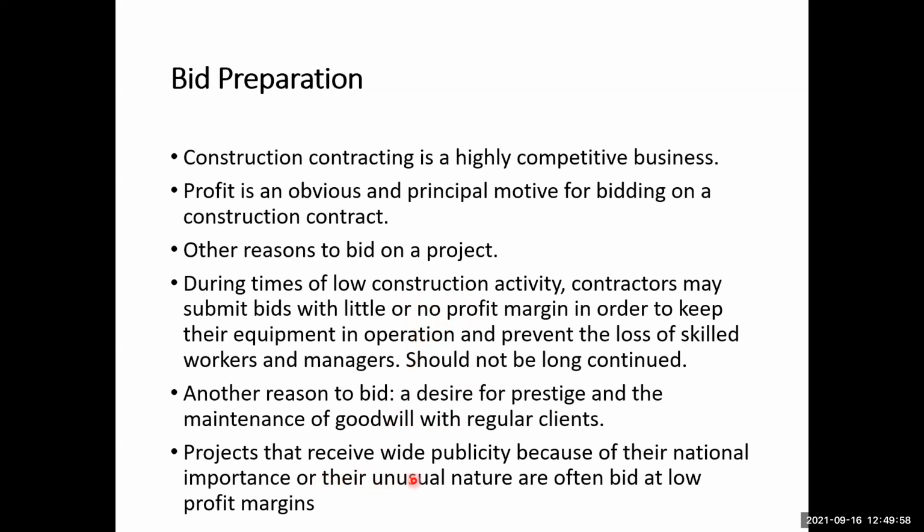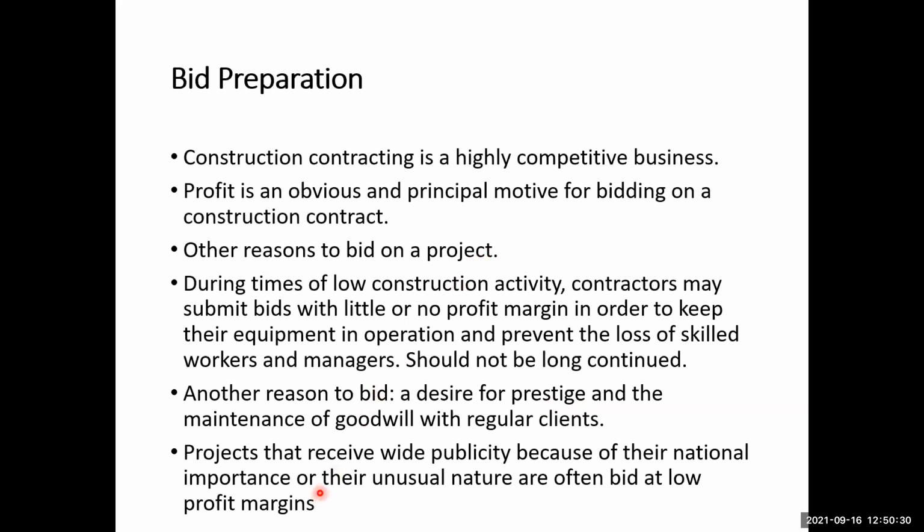So the projects that receive wide publicity because of their national importance or their unusual nature are often bid at low profit margins. Mainly these projects bid at low profit margins are projects of prestige, projects which can get them some recognition overall. And that recognition and prestige may be helpful for their future projects as well.